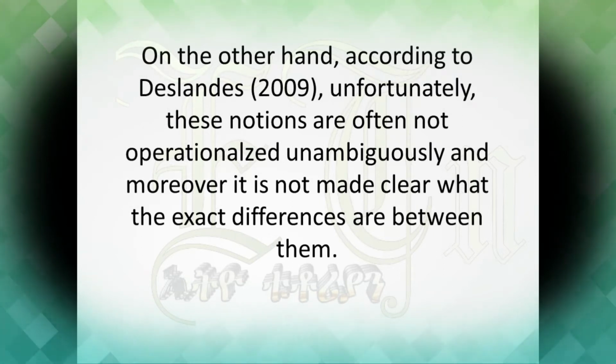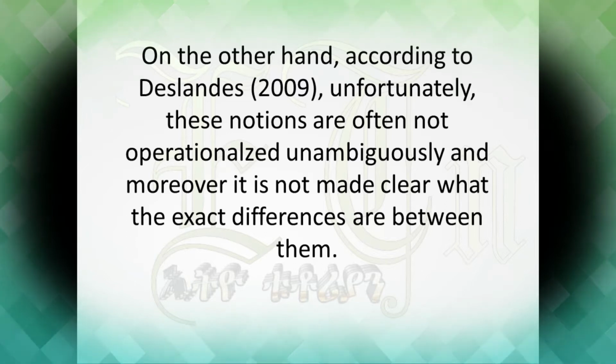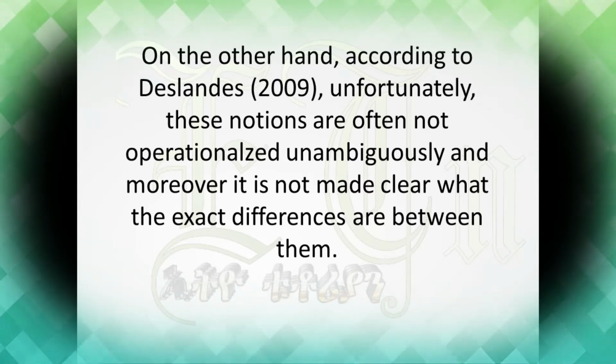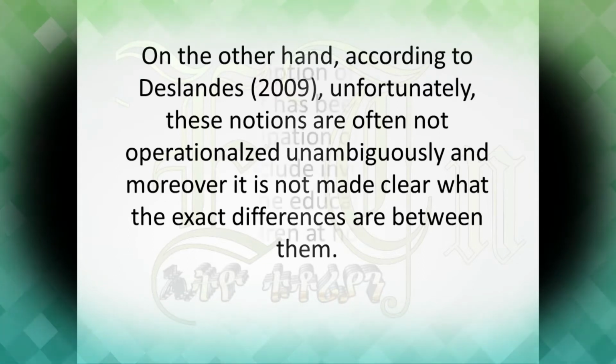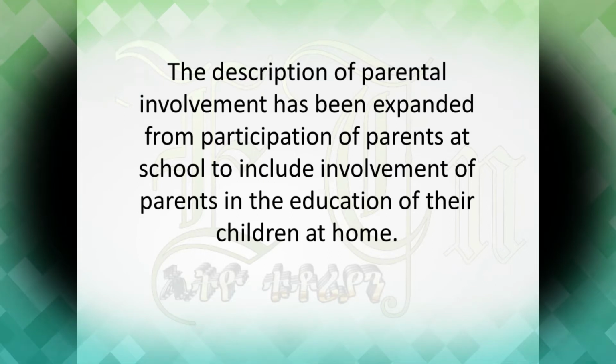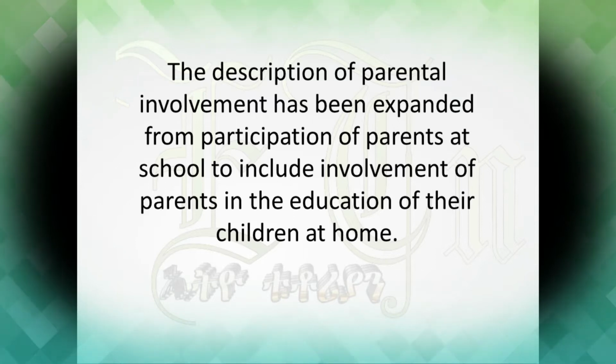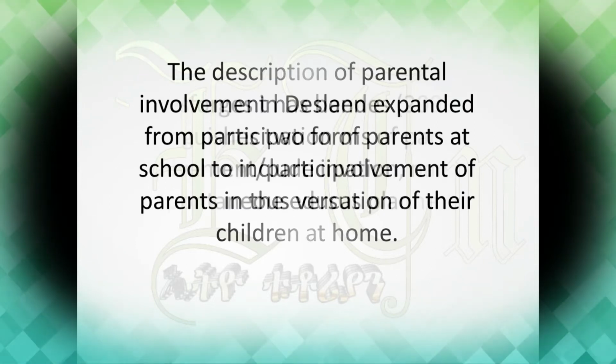On the other hand, according to Deconcentration, 2009, unfortunately, these notions are often not operational, are used ambiguously, and moreover it is not made clear what the exact differences are between them. The description of parental involvement has been expanded from participation of parents at school to include involvement of parents in the education of their children at home.